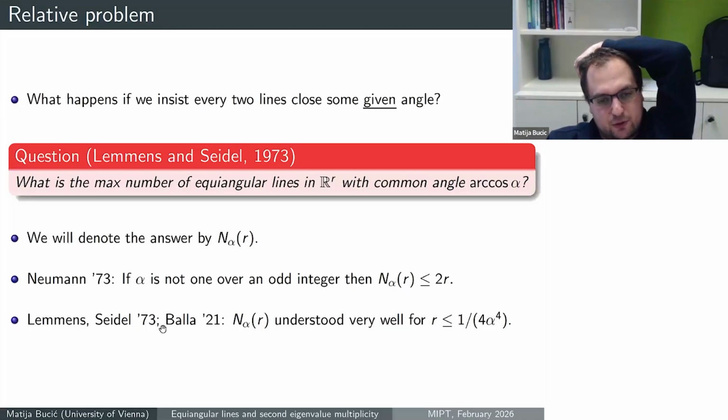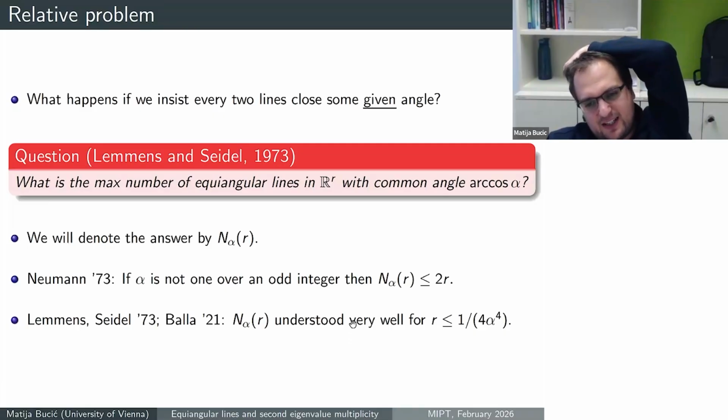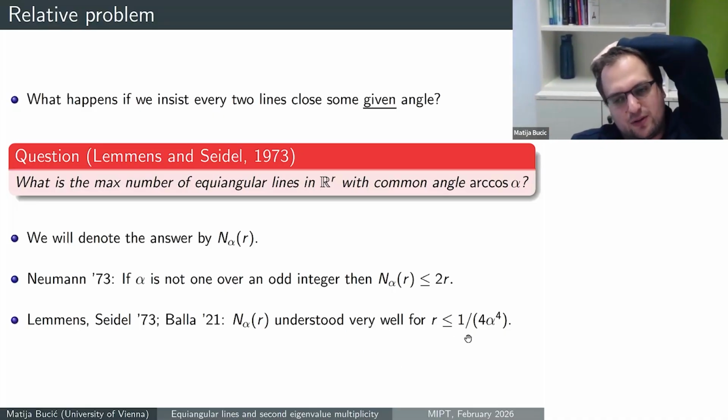Then there were two papers in between the two that I'm mentioning here, one by Yu and one by Glazyrin and Yu, which extended this Lemmens and Seidel bound to go to some larger constant times 1 over alpha squared. And these were nice because if you want to get this R plus 1 choose 2 behavior, your R needs to be roughly equal to 1 over alpha squared.